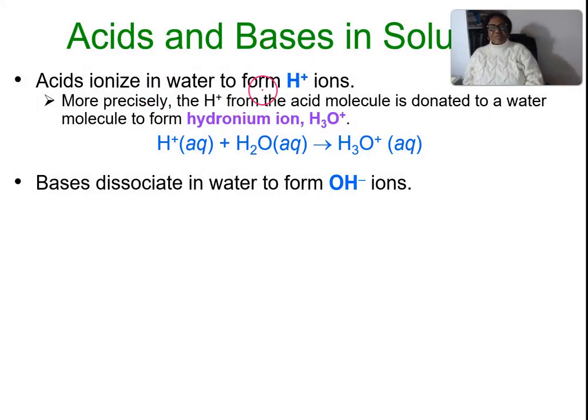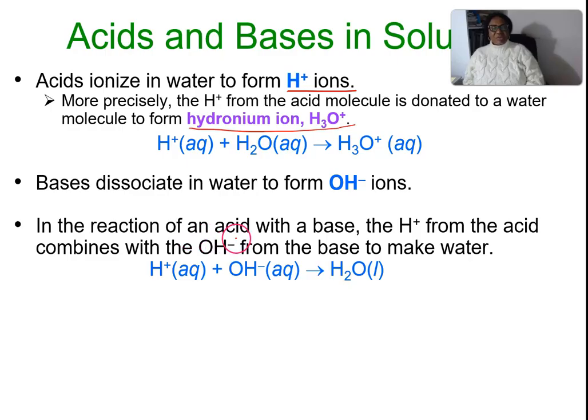In acid-base reaction, acid ionizes in water to form H+ ions. More precisely, the H+ from the acid molecule is donated to a water molecule. So we have what we call the hydronium ion. Bases dissociate in water to form hydroxide ions.